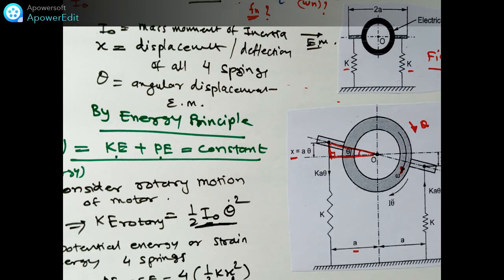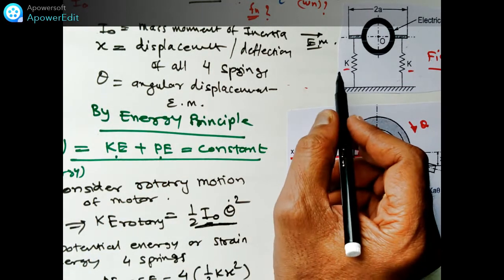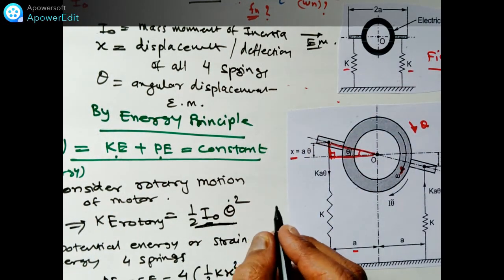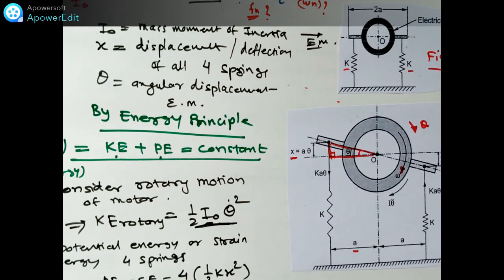But we have to find out this equation in terms of theta. So I will put x equal to a into theta. So here, no sorry, this is twice k into a square theta square, correct?